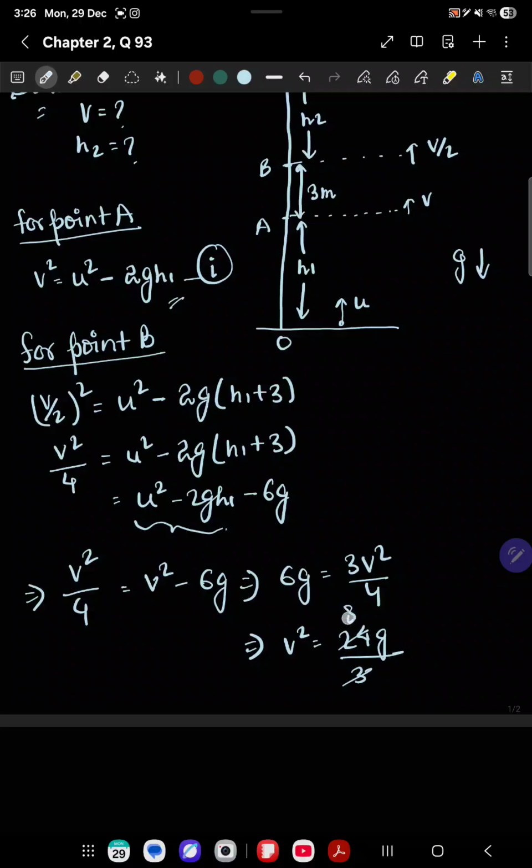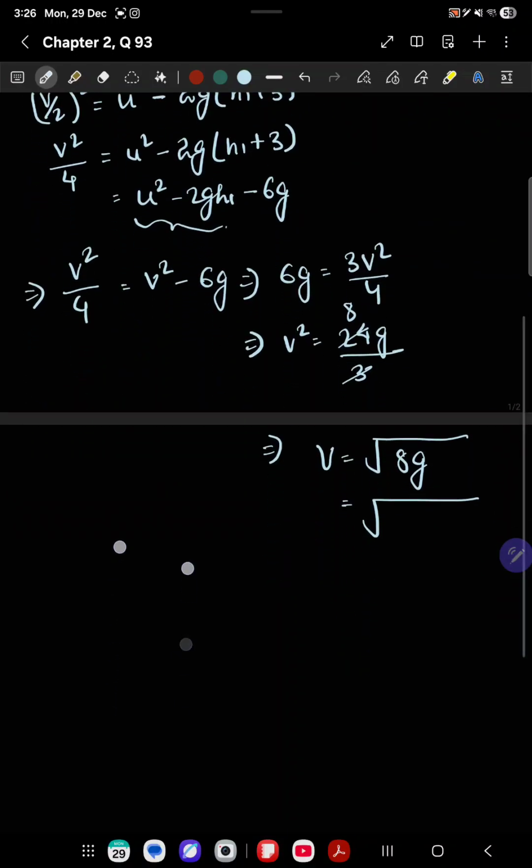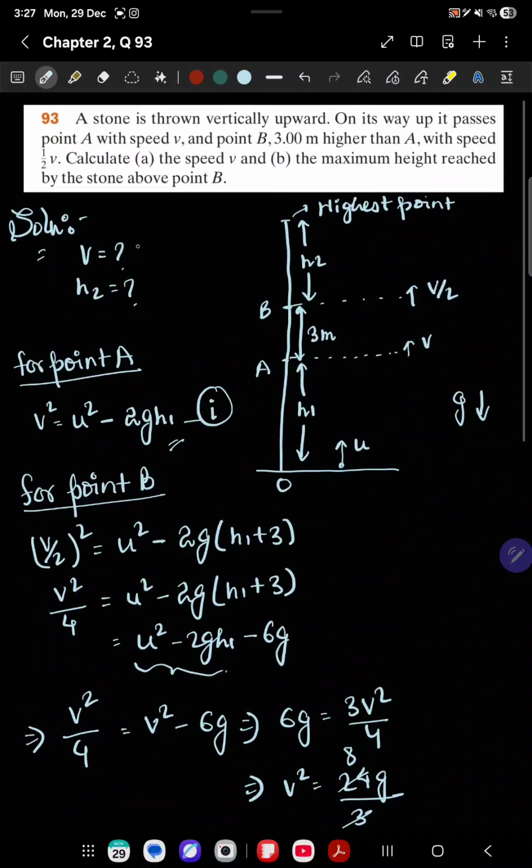If I cut it, it will become 8g. So v will be under root of 8g, and if I put g equals 9.81, I will get an approximate value of 8.86 meter per second. So this will be our answer for the first part, which is v.